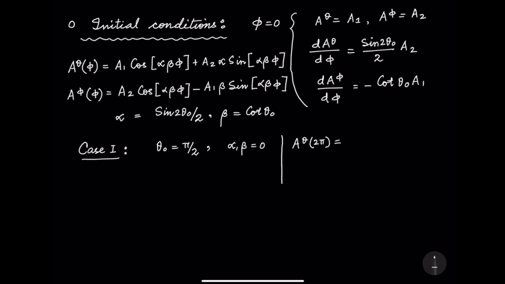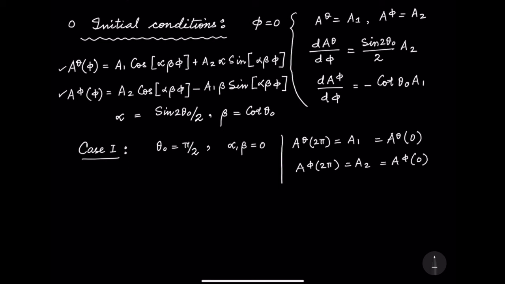The second terms in my expression for a theta and a phi don't matter anymore, and because alpha and beta are 0, the first terms cos 0 is always 1. So a theta is a1 and a phi at 2 pi is a2, which is essentially the same values as at phi equals 0.